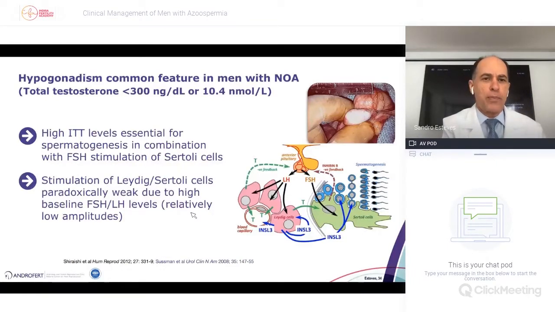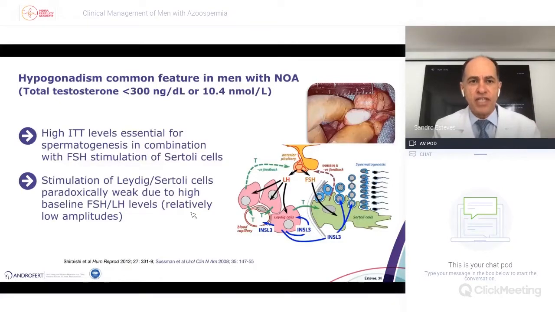However, this is not hypogonadotropic hypogonadism. In this case, it is hypergonadotropic hypogonadism. Why? Because FSH and LH levels are usually high. The pituitary is trying to stimulate the testicles.